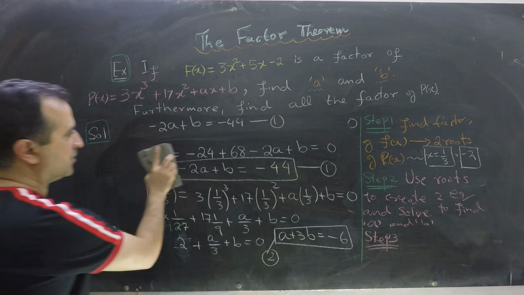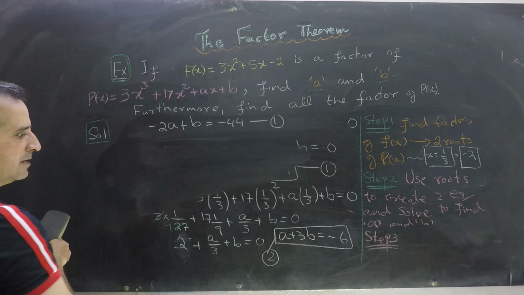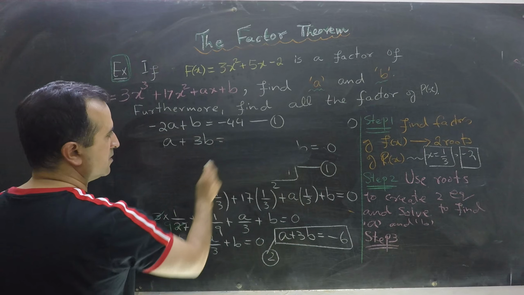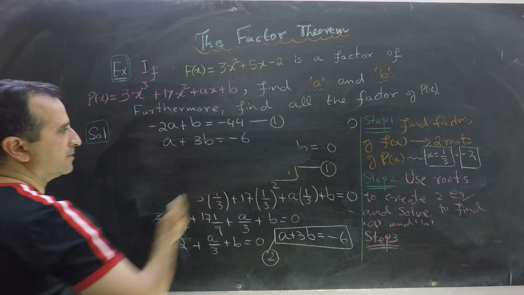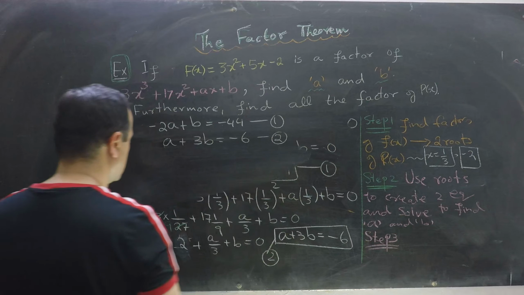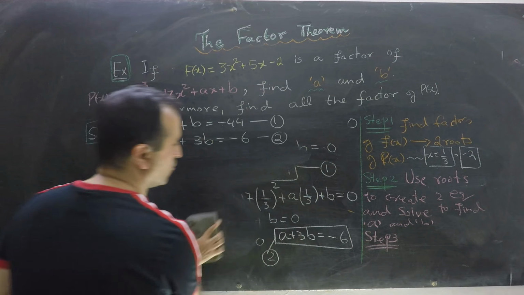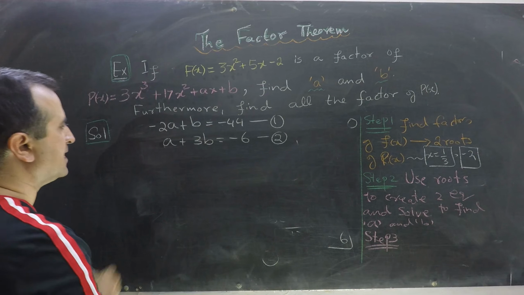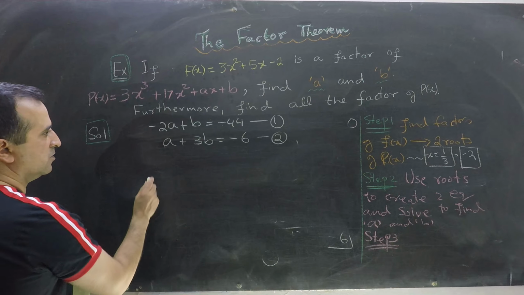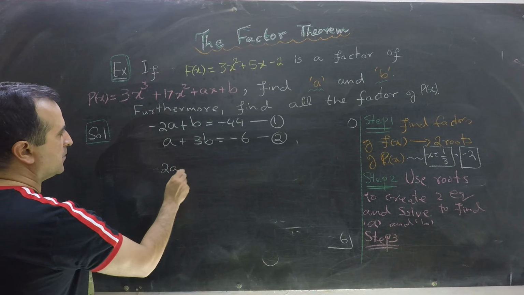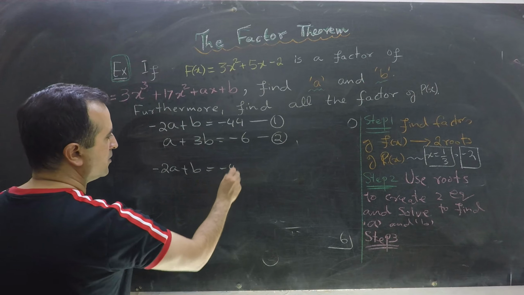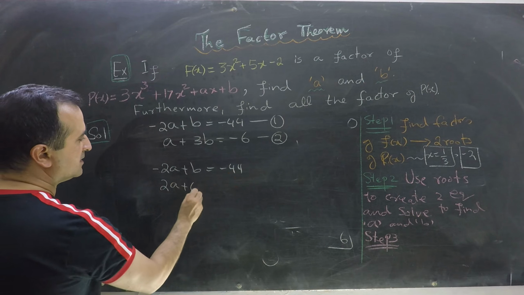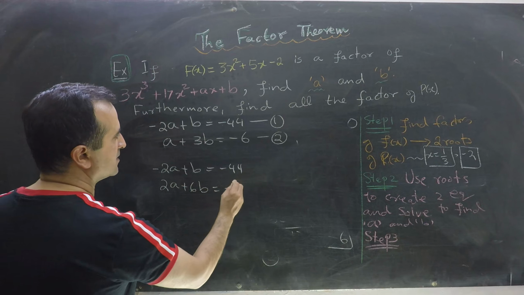I write my second equation here, that is a plus 3b equals minus 6. And now I will solve them simultaneously. I multiply my second equation by 2, so my first equation is minus 2a plus b equals minus 44, and the second becomes 2a plus 6b equals minus 12.